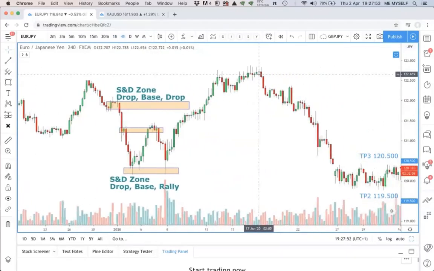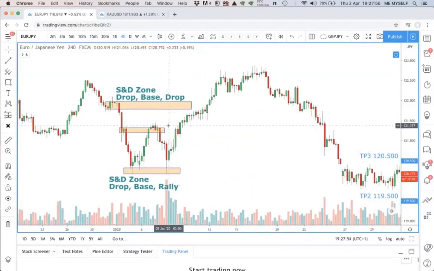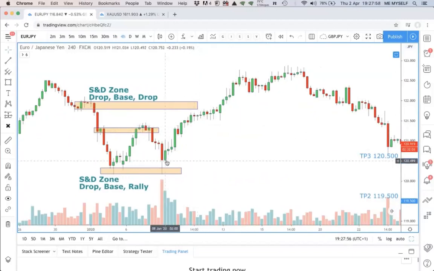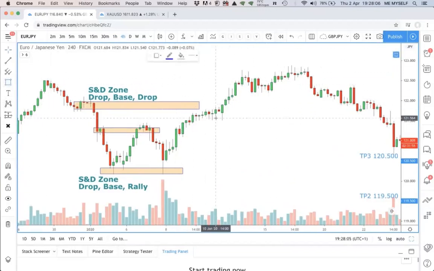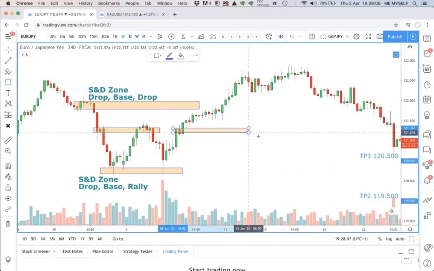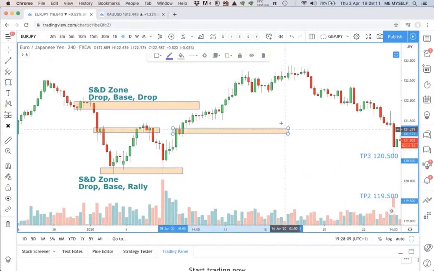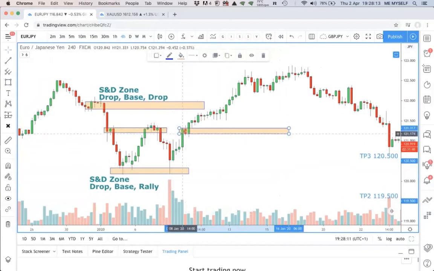So as price is pushing up, it pushes up, it pauses, then it pushes up again, continuing. We have another supply and demand zone here. In this case, it is called a rally, a base, and then a rally.